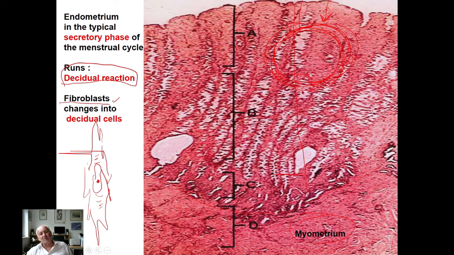A fibroblast is producing the basic molecules of the extracellular matrix.